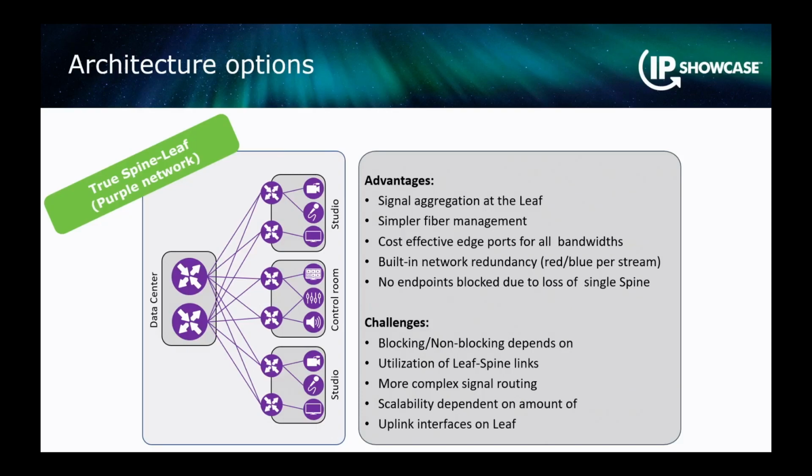Some of the challenges here, when you look at this, it becomes a web of connections. So how do you handle that? There is an issue that pops up when you look at an amber network, a purple network, with how do you route your traffic? How do you ensure that you know where your traffic is going?